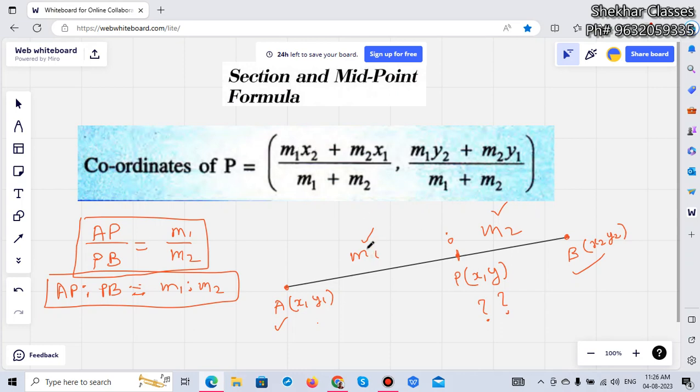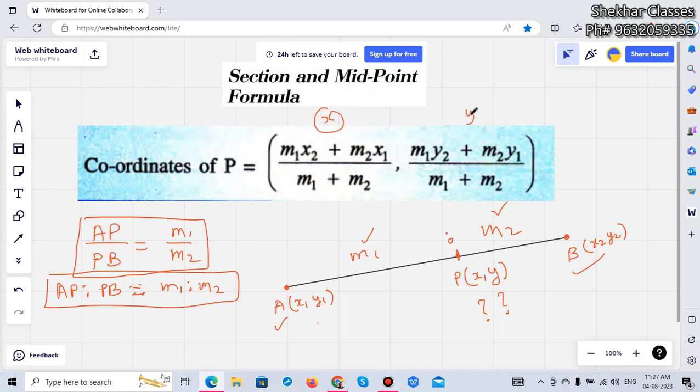M1 into x2 plus M2 into x1, the whole thing upon M1 plus M2. M1 is the ratio by which the line has been divided. This is for x, right?